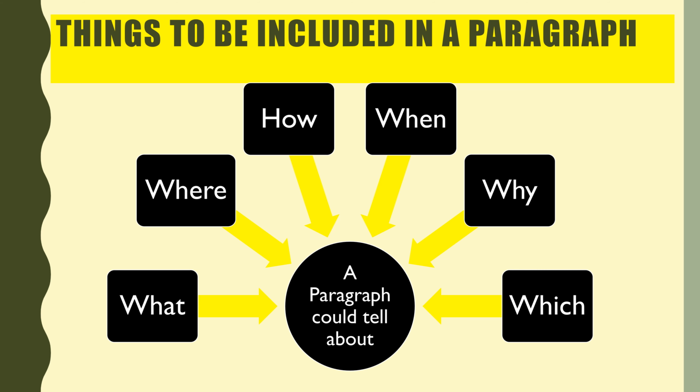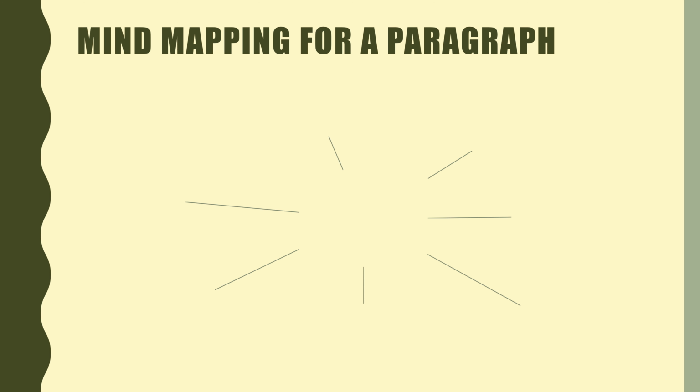Where are those things being done? Suppose you are writing about a festival, you could write where those festivals are celebrated, how it is being celebrated, when it is being celebrated, why it is being celebrated, and which are the specific areas or things which we do on that festival. So a paragraph could tell about all these WH questions.